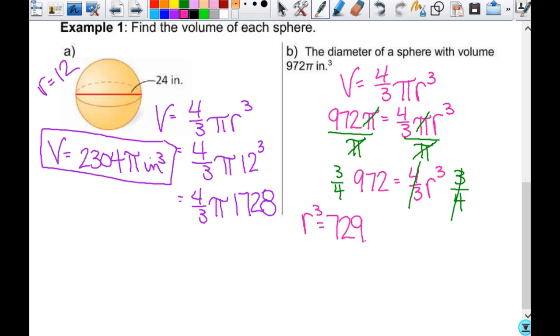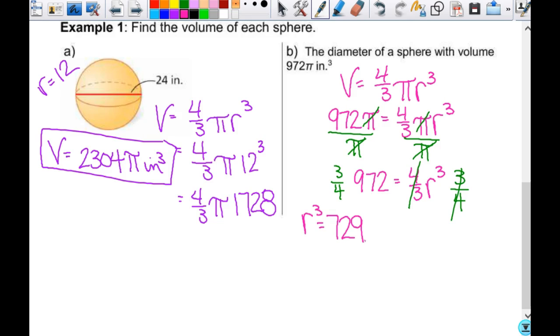If I have r cubed and I want r, what do you think you do? Follow the words. If I have r cubed and I want r, I would take the square root. No. Cube root. Don't just repeat the words.